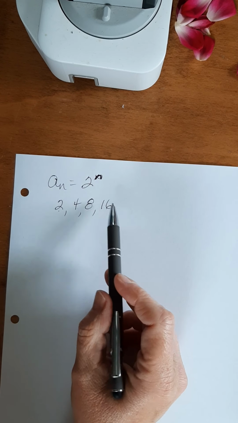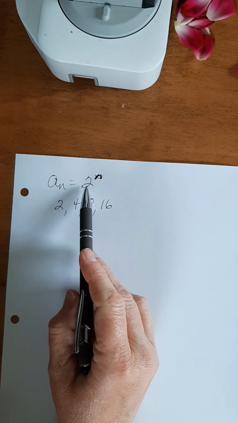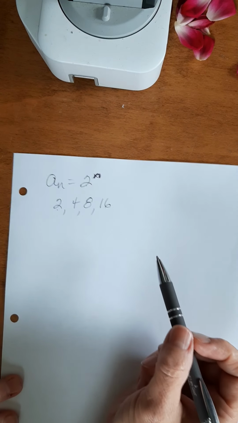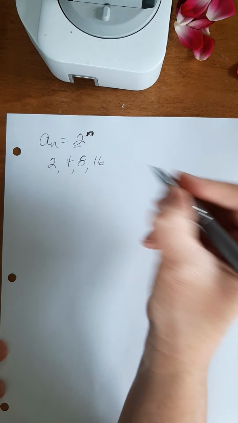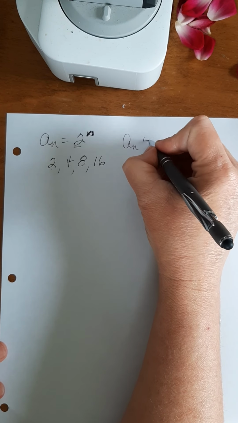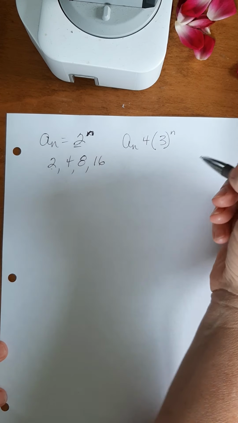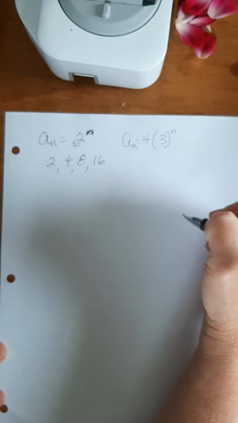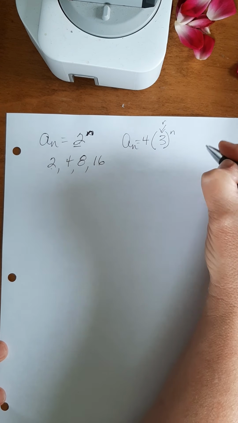You are actually multiplying by 2. So when you have a constant to the n power, it's a geometric sequence, and that is your ratio. So even if you had something weird like 4 times 3 to the n power, it's geometric and your ratio is 3.